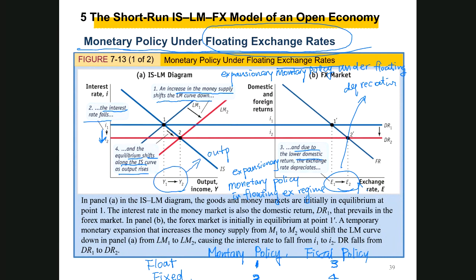So this is the most common case that we see right now. Every central bank would like to use quantitative easing policy to stimulate the economy, right? And this is the idea, because right now we are in a floating exchange rate period, right?